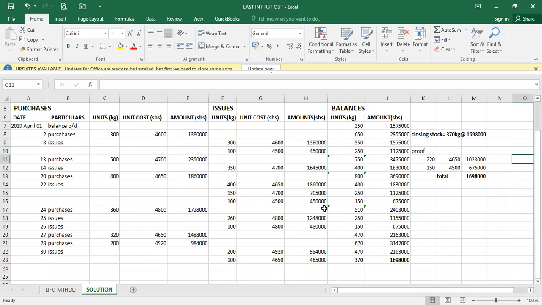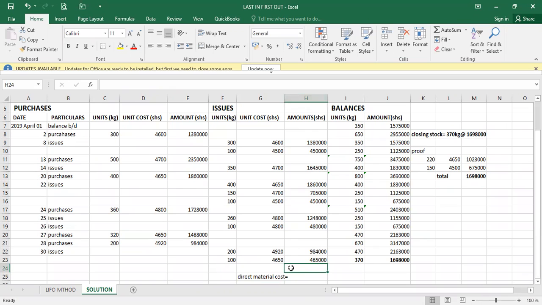If they want them in cost, and here they are saying direct material cost, it means they want this value, not these units. The direct material cost is equal to, let's just get a sum here.